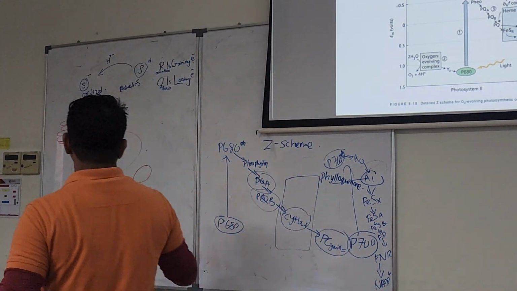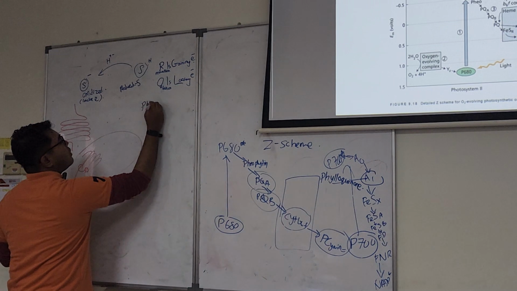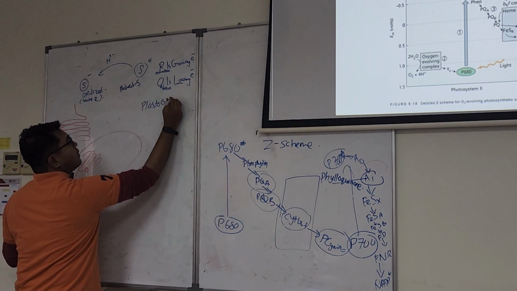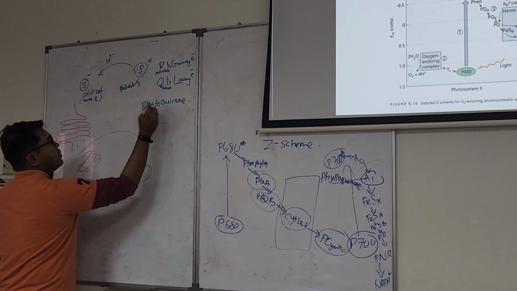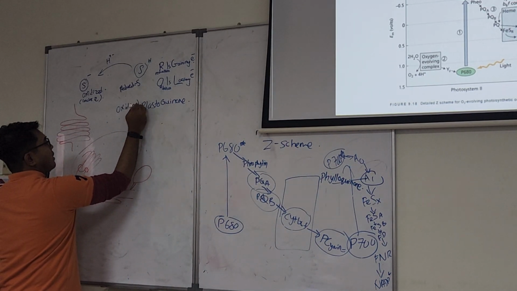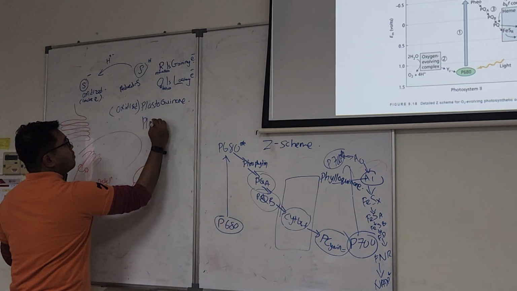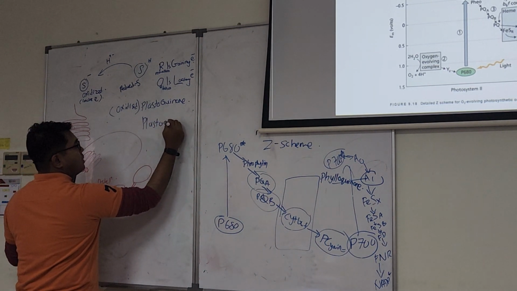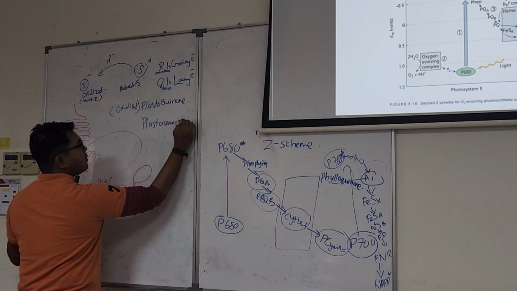If you learn chemistry, I'll give an example for plastoquinone. Plastoquinone has three states. Plastoquinone is the oxidized state. Then you have plastosemiquinone.